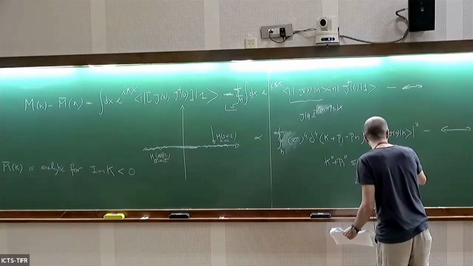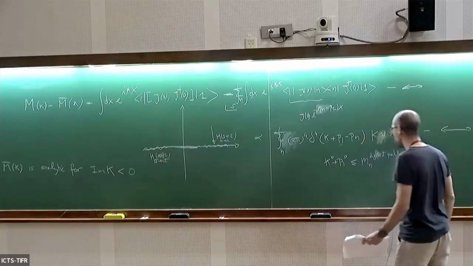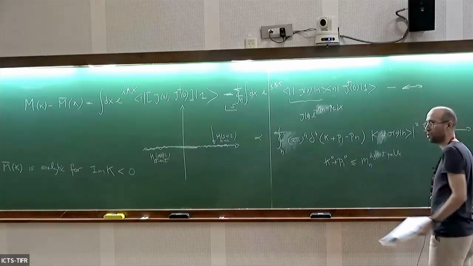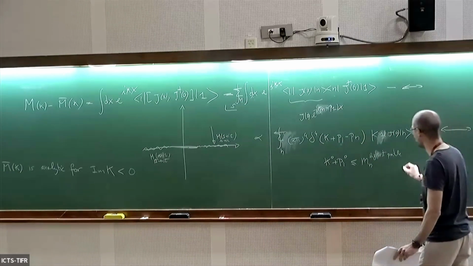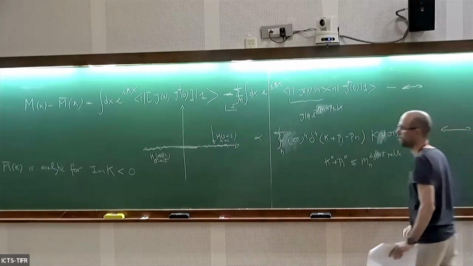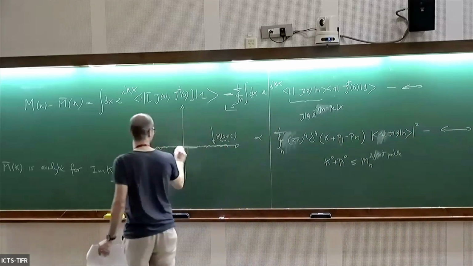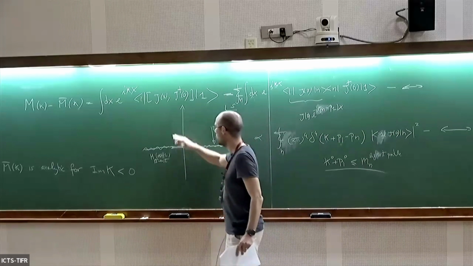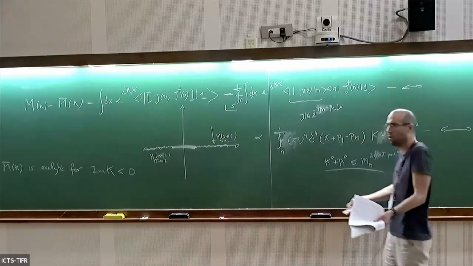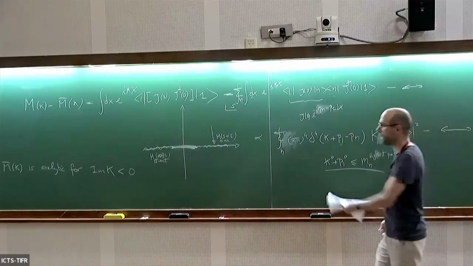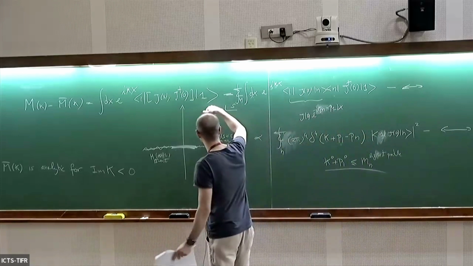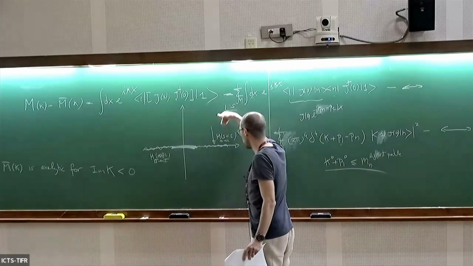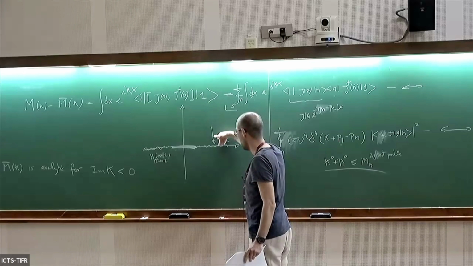But then this delta function has no support. It's 0. So in this region, which is below threshold, these two functions agree, and therefore there's a single function, which is analytic everywhere, that gives you the amplitude when approaching this axis above threshold.